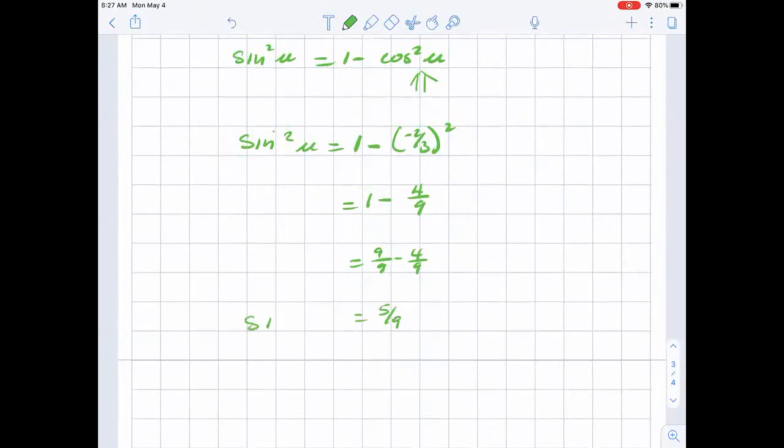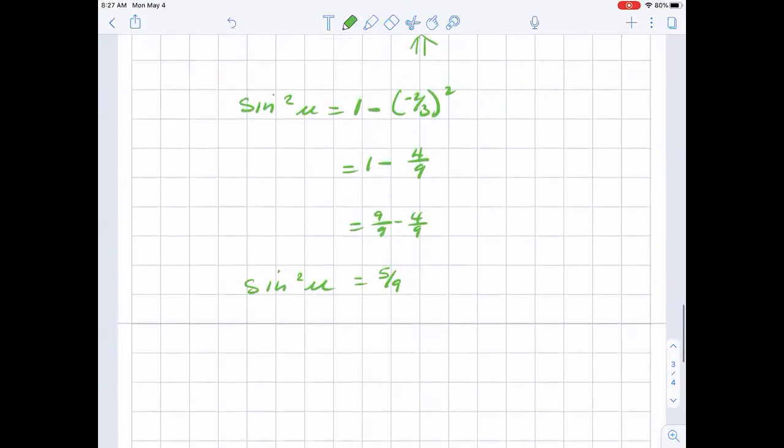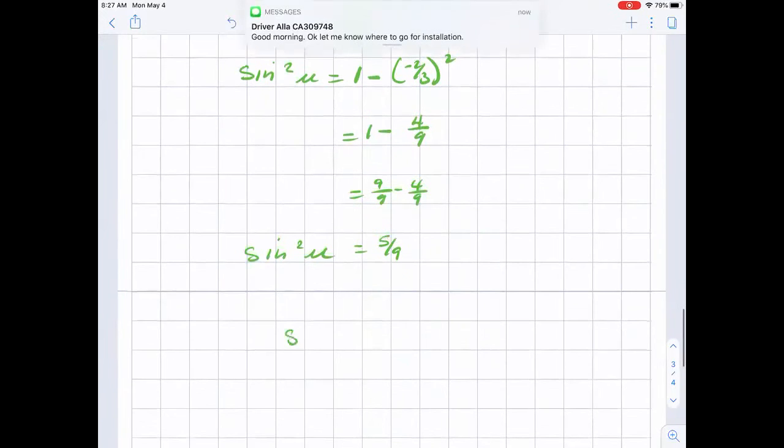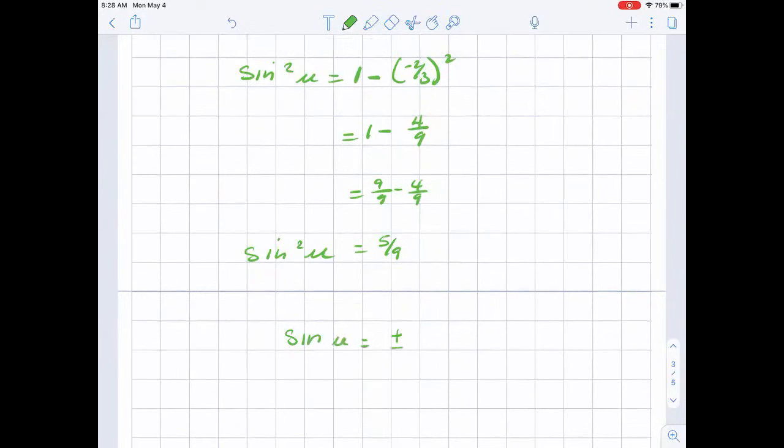So we know that sine squared u is equal to 5/9. Yes. So sine of u will be plus or minus the square root of 5 over 9.